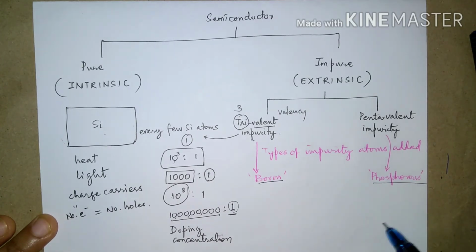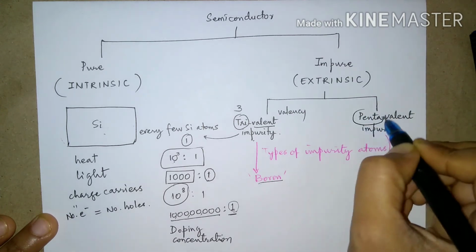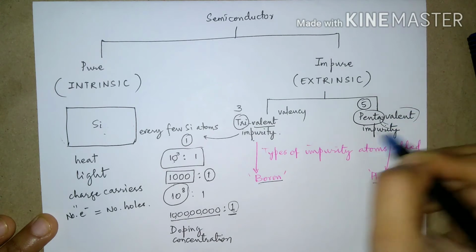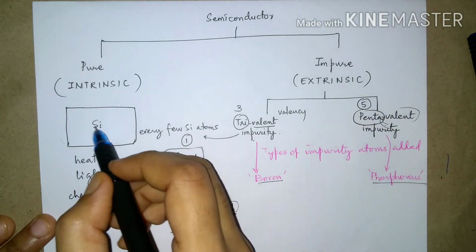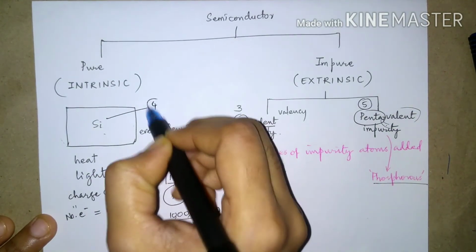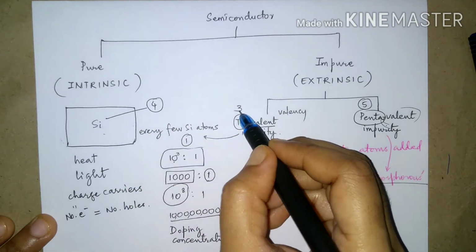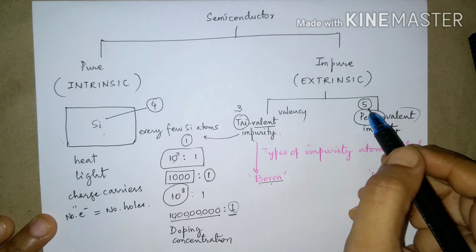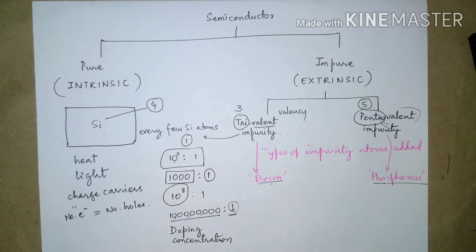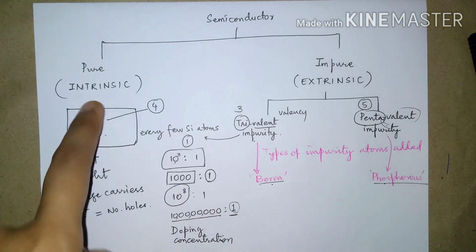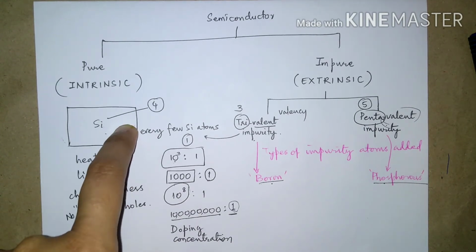And this penta is indicating 5 as valency. So silicon's valency is 4, boron's valency is 3, phosphorus valency is 5. So the outermost shell has 4 valence electrons for silicon, so 4 covalent bonds on all sides.